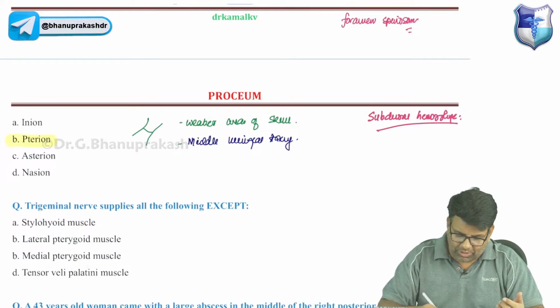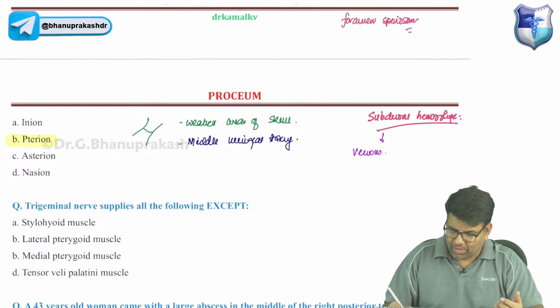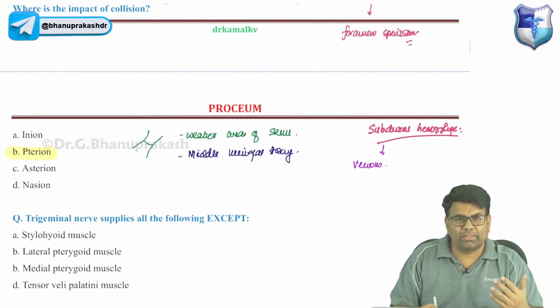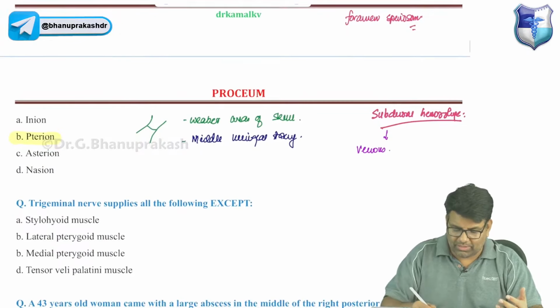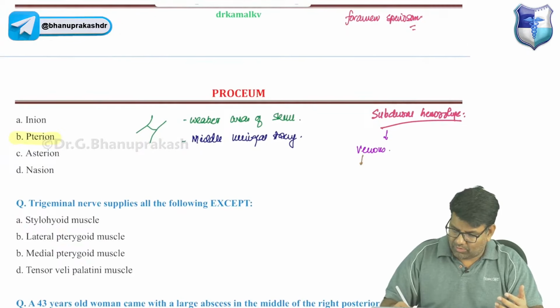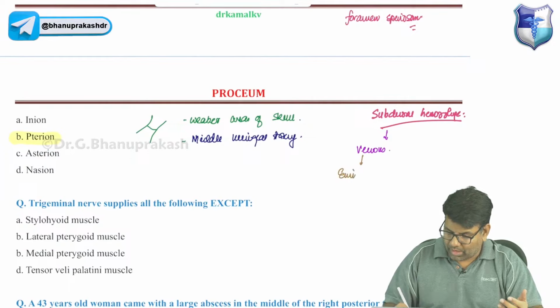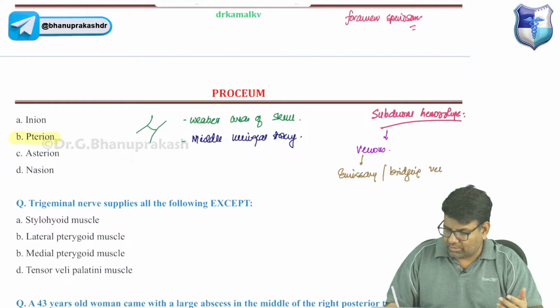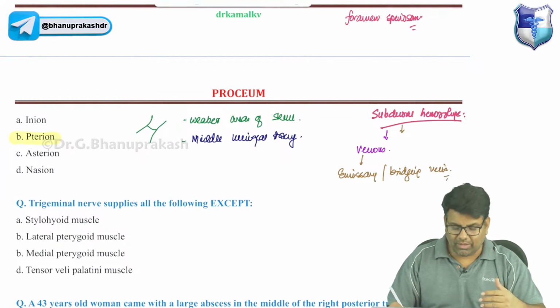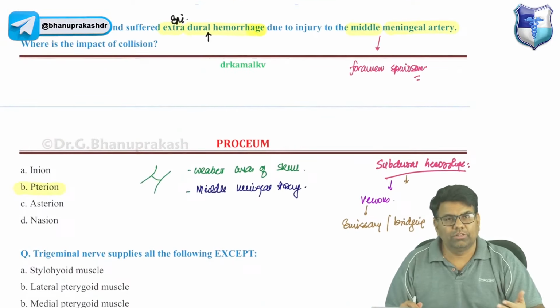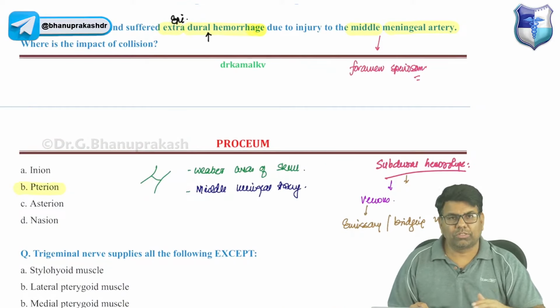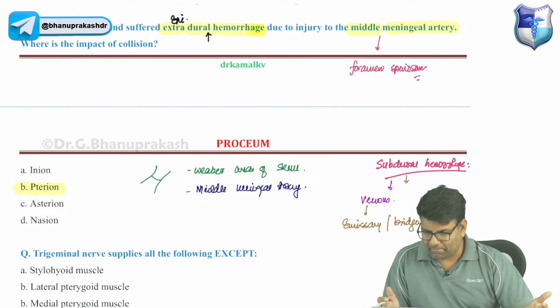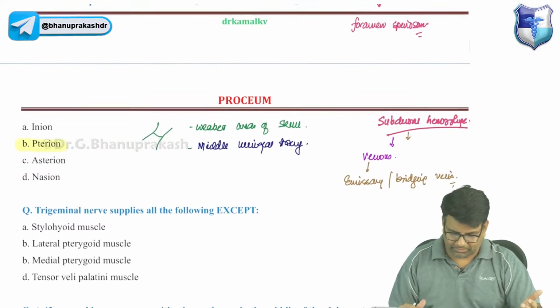So, subdural hemorrhage, what is the source? This is venous. So epidural, extradural is arterial, subdural is venous, and there is tearing of the emissary, or what we call bridging veins, right? So this is subdural, below the dura mater, and this is epidural, just above. The source: epidural is arterial, subdural is, yes, very good, bridging veins.